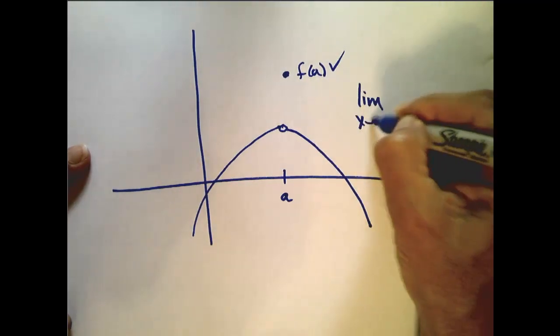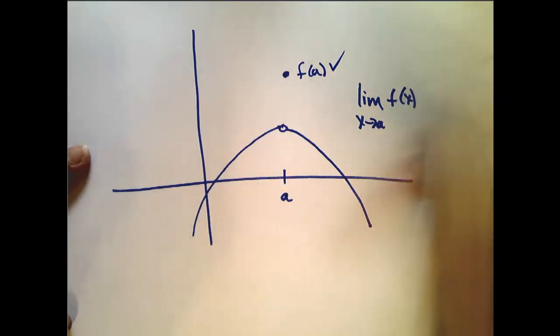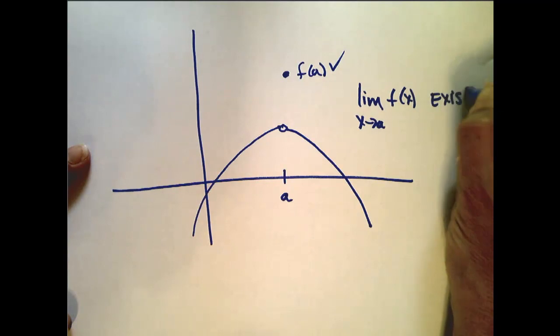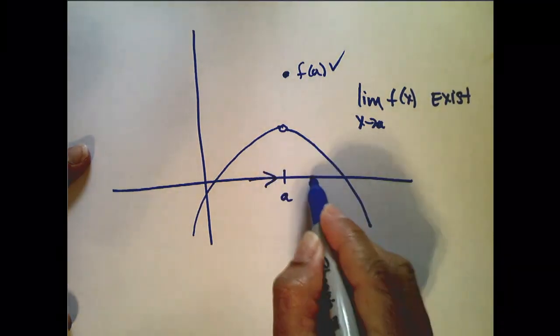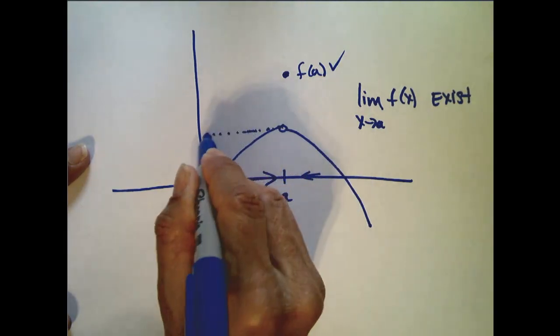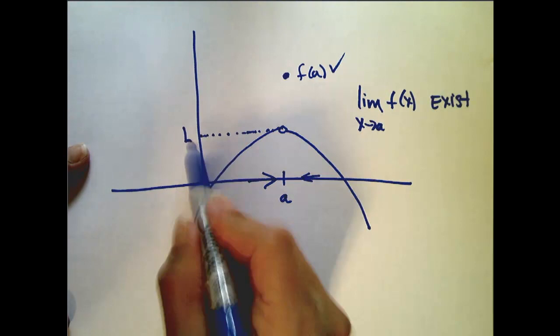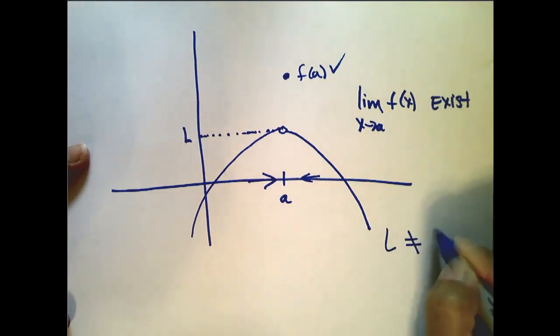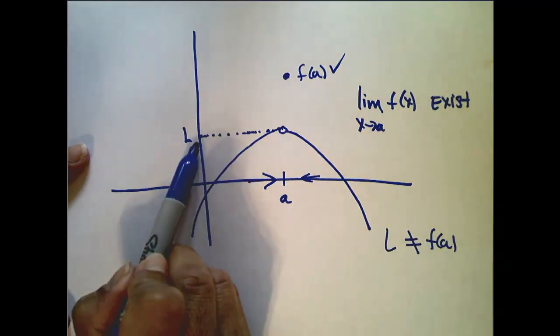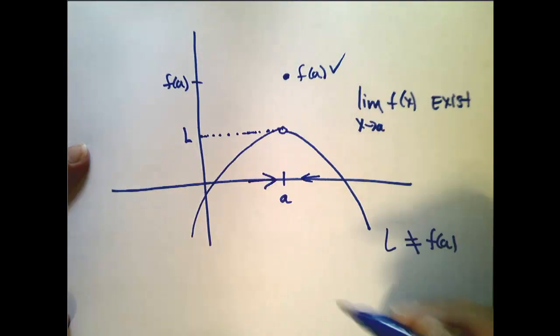The limit as x approaches a of f of x does exist, right? Because as I approach a from the left and the right, my function approaches the same value, whatever it may be. So this limit exists. However, this limit L does not equal f of a.